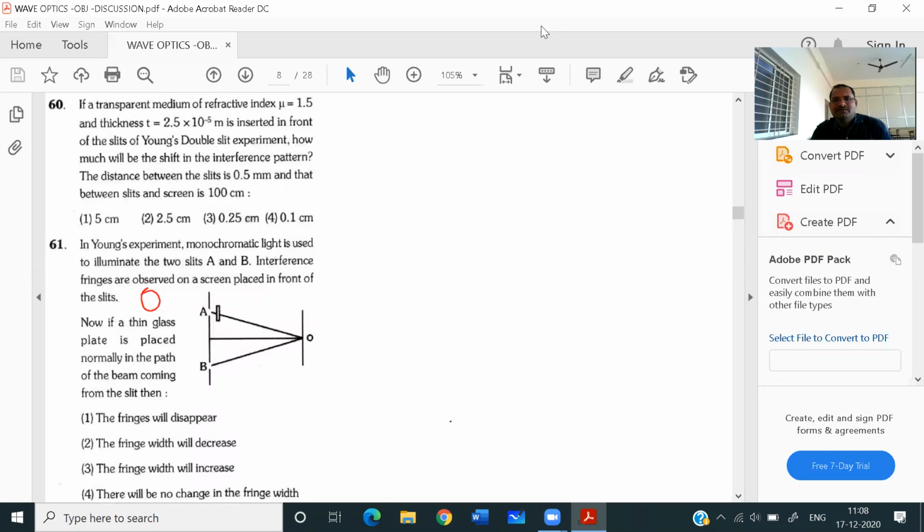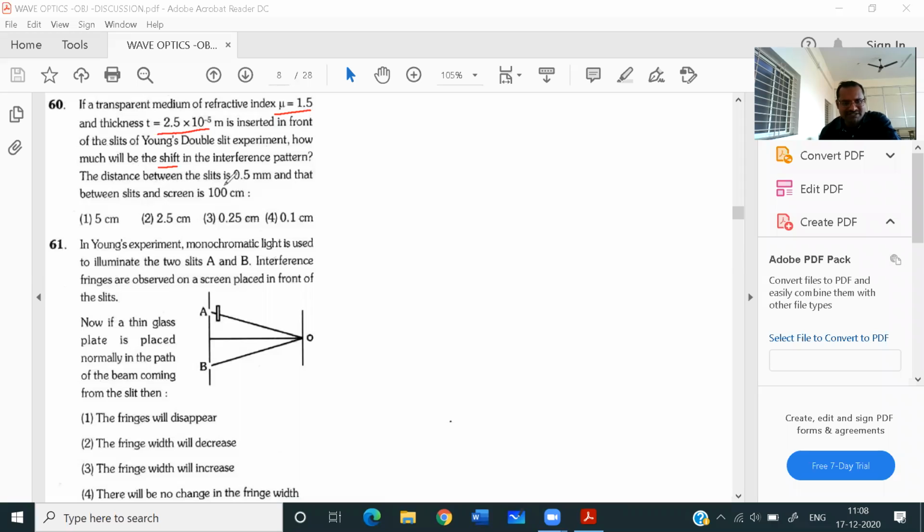Yes. They have given that if a transparent medium of refractive index mu is equal to 1.5 and thickness 2.5 into 10 to the power of minus 5 meter is inserted in front of one of the slits, how much will be the shift in the fringe pattern?